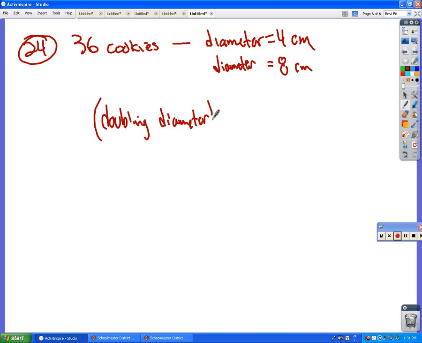So we don't need to square this, we need to cube it. So you need 8 times the dough. If you wanted to know how much more frosting you needed to put around the outside, since that relates to the surface area, then you would need 4 times as much, because 2 squared is 4. So she's going to need a lot more dough.